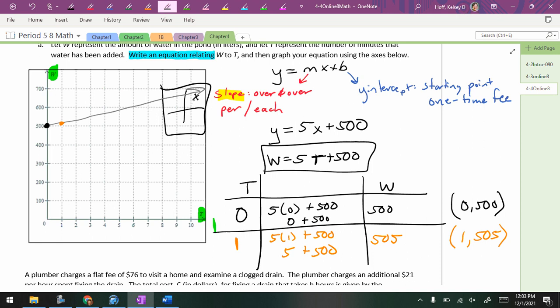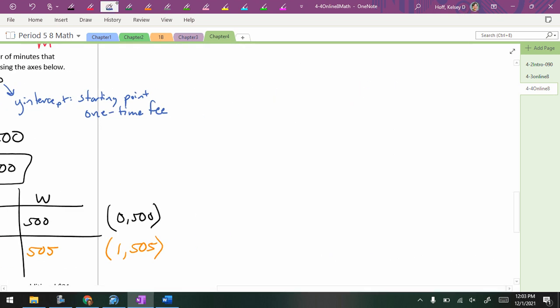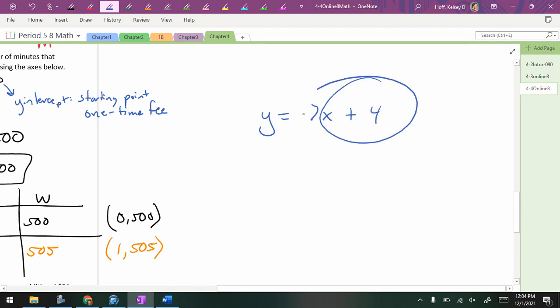Does every equation always have something like y equals 7x plus 4? Does every equation have that number added or subtracted on the end? Give me an example of an equation that doesn't. Is there ever an equation that doesn't have a plus or minus on the end, like a y-intercept?